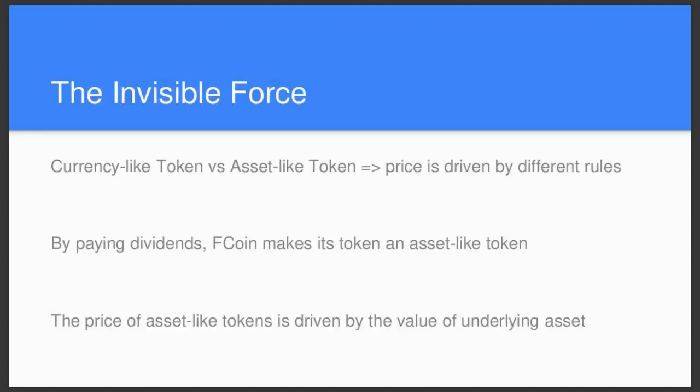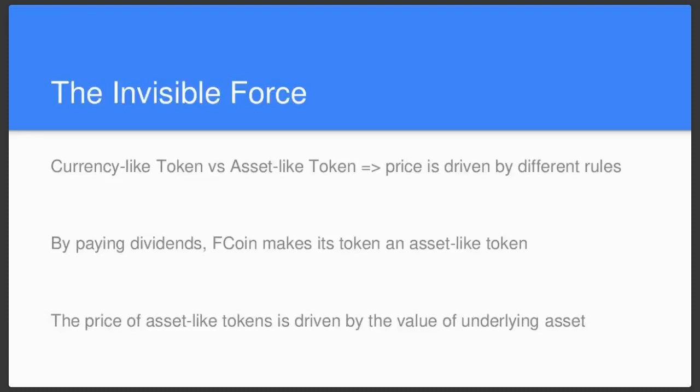The key insight is that there are two types of tokens in terms of how the price is driven: currency-like tokens versus asset-like tokens. In a currency-like token, the price is driven by supply and demand.